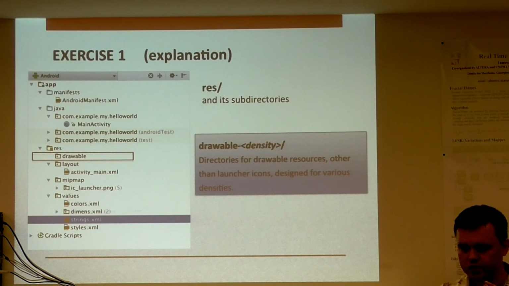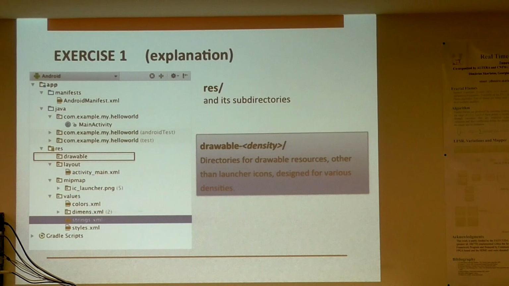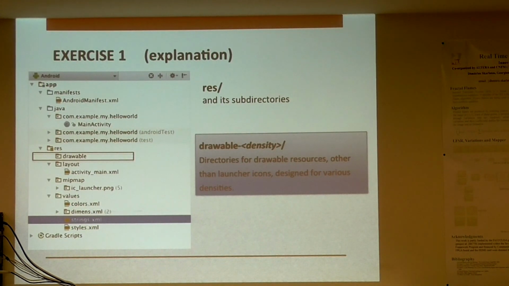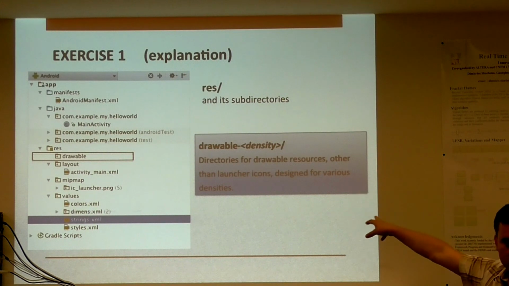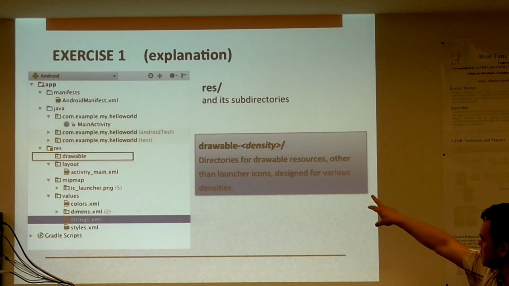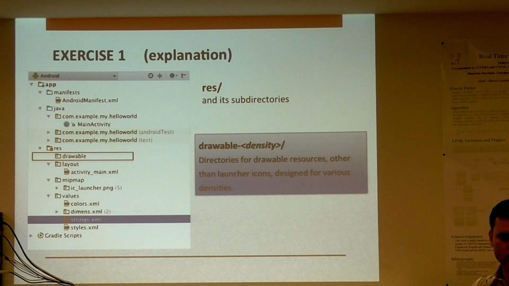We know that we can create an application not for one smartphone, but for many smartphones. So you will see different directories for different densities for different smartphones. Maybe the same, but we can change the size of this, we can change the density.